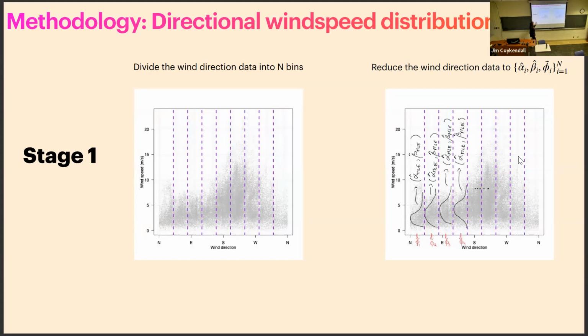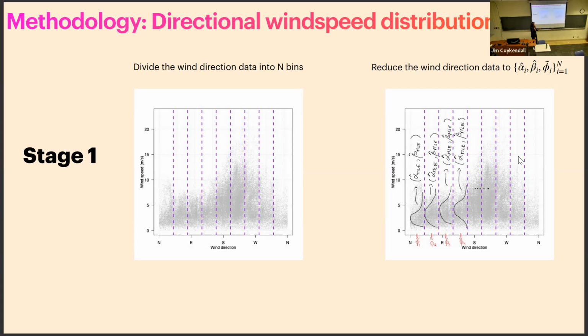So we have 9 bins, and then in each bin, we fit a Weibull distribution to the wind speed. And from each fitting, we get estimates of the parameters. And we also represent the wind direction in each bin by the direction median.